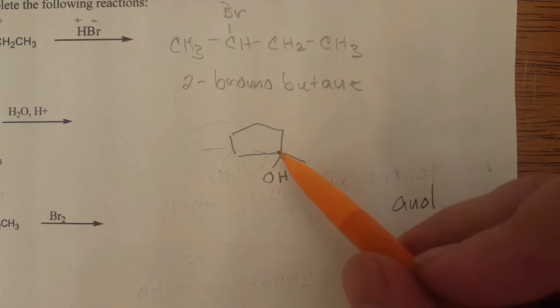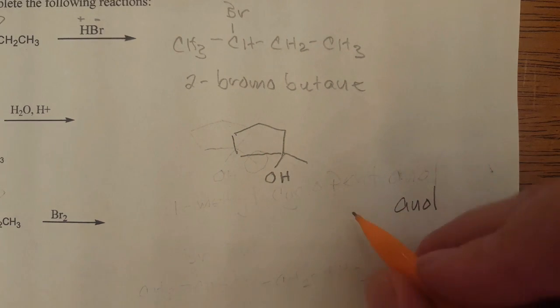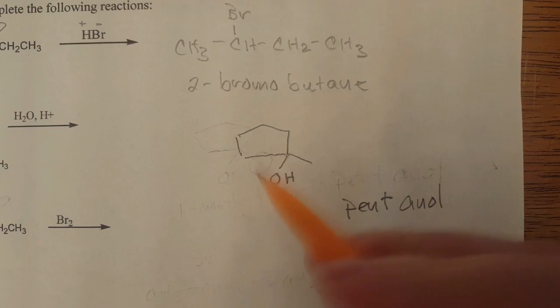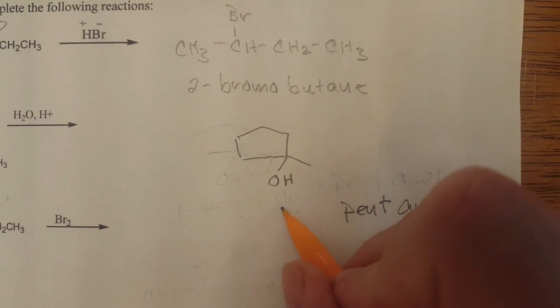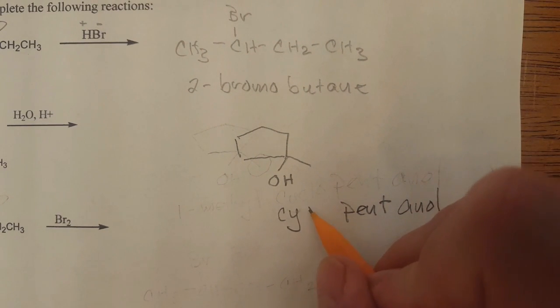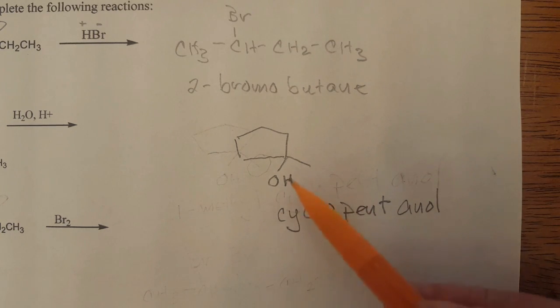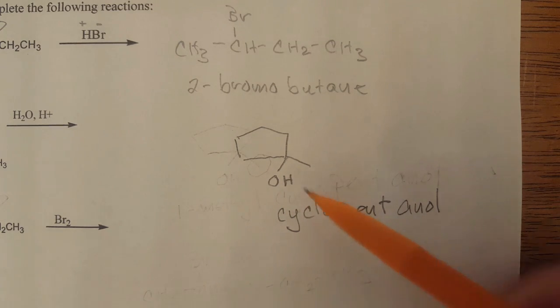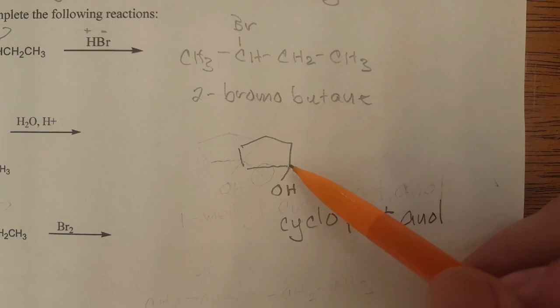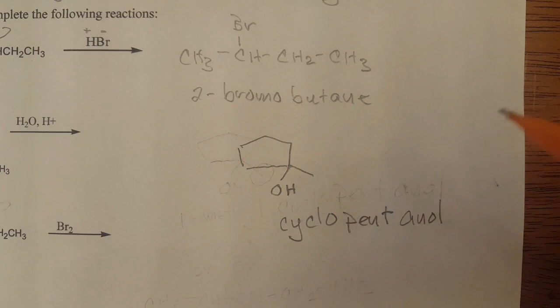Longest chain, 1, 2, 3, 4, 5, so it's a pentanol. It's cyclic, so it's cyclopentanol. Since it's the parent compound, the OH is understood to always be bonded to this carbon, which ends up being carbon number 1.